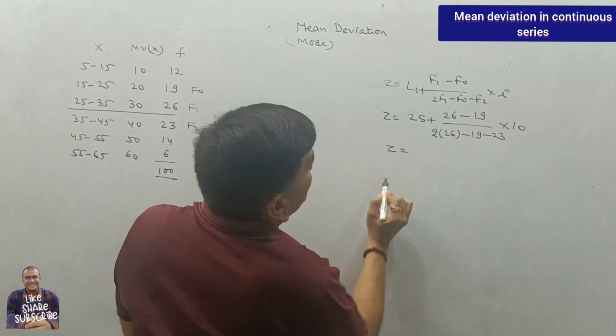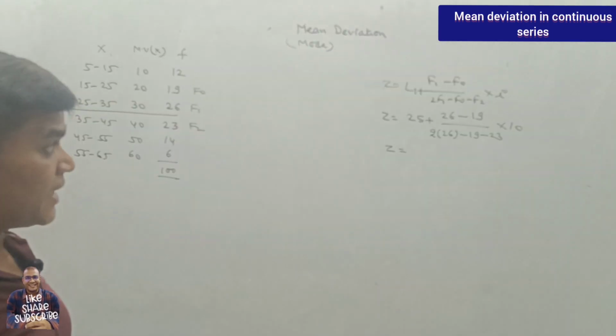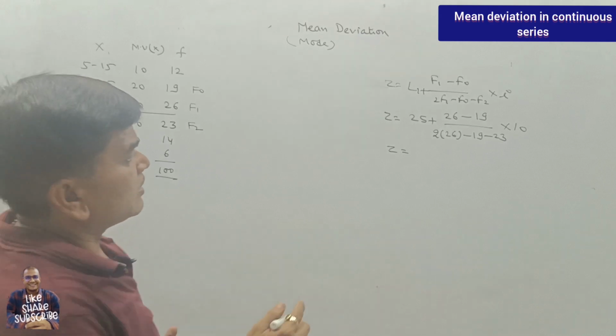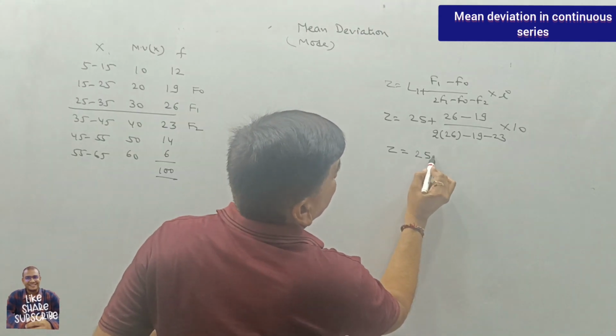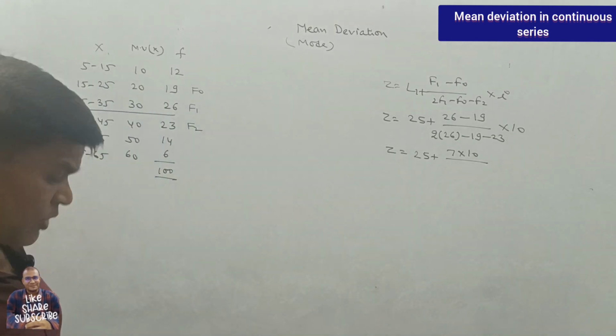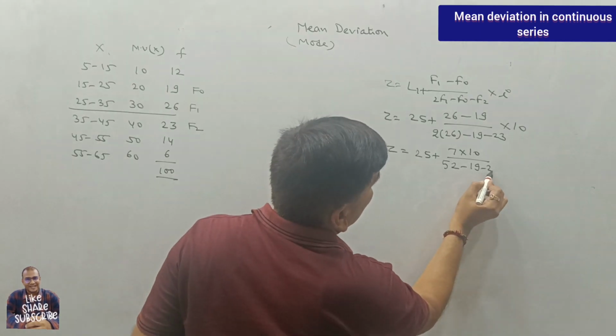So the z value is: 26 minus 19, that is 7. 25 plus 7 multiplied by 10, upon 52 minus 19 minus 23, that is 10.